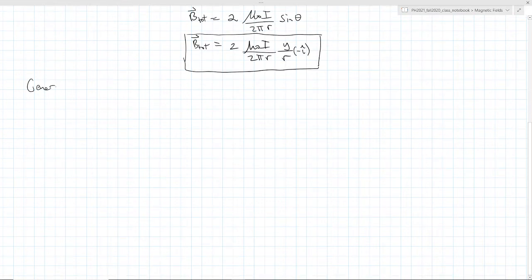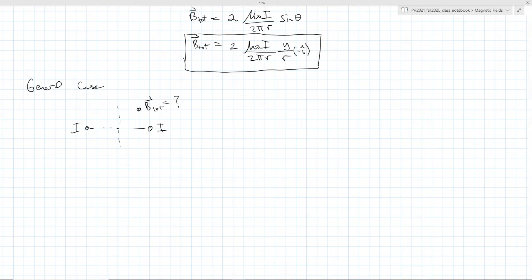So the general case is, what if you have your wire here and your wire here again? But now instead of looking at a point that's on the line between them or off the line between them but still equidistant, you look at a point that's like here, and you want to know, what does the magnetic field look like here.